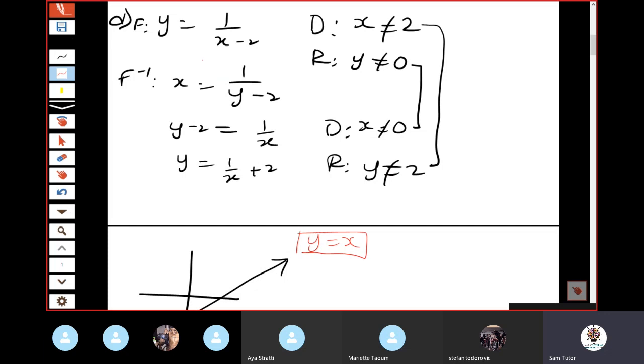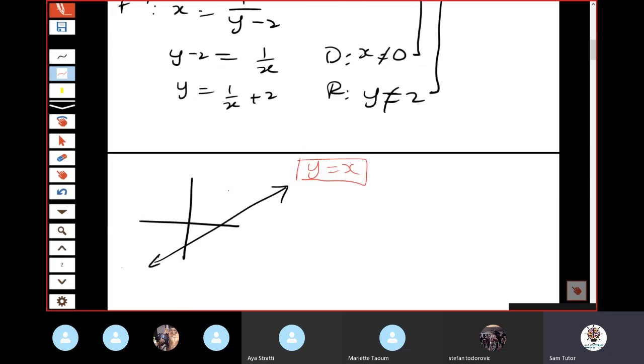When you're changing those letters, you're actually doing this to it. So there's your axis of y equals x. And if you flip that about it, it will end up just there. Can we all see that?